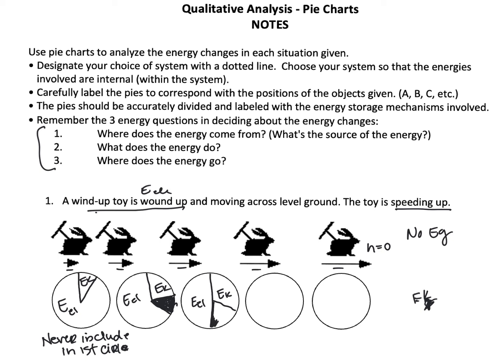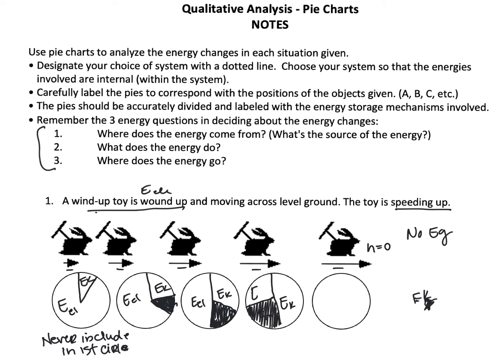And then anything else I have will be the thermal energy. And since it's going to continue to move, my thermal energy pie section should continue to get bigger. So now the arrow is longer again in my fourth one, so I'm going to make my kinetic energy even more. My thermal energy needs to grow and get even bigger. Oops, color it in.